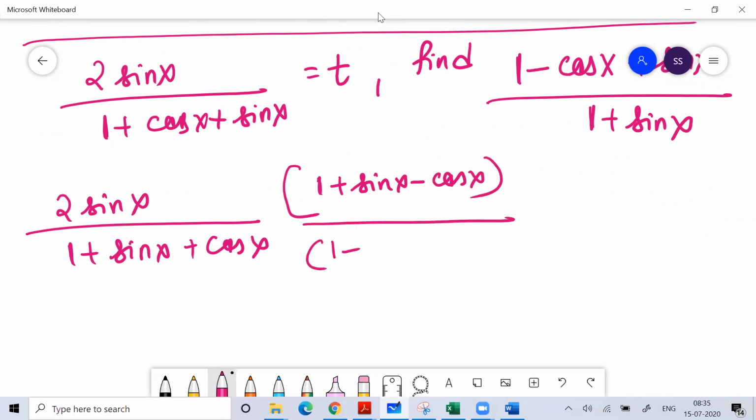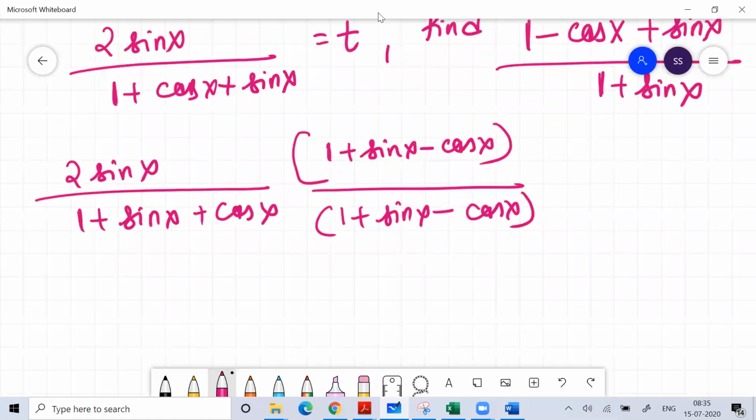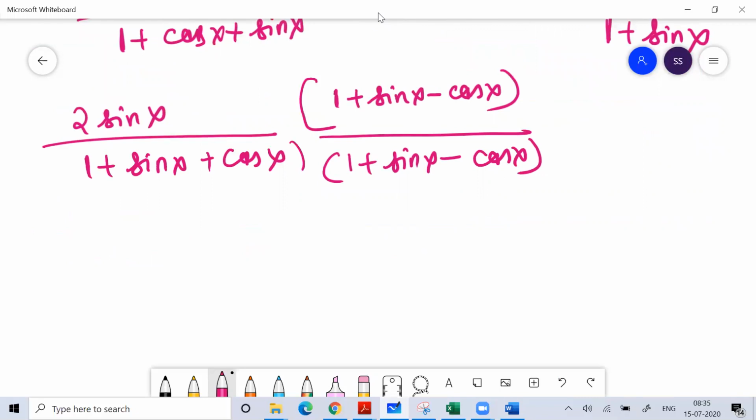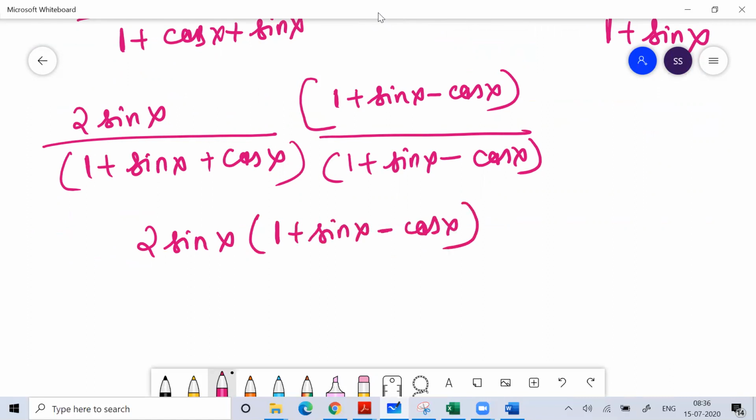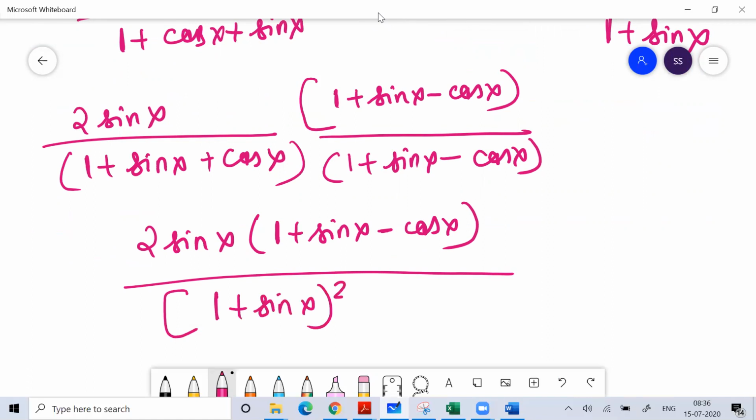So you will get 2 sin x times 1 plus sin x minus cos x, and this is a plus b into a minus b, so this is 1 plus sin x whole square minus cos square x. All are equal to t.